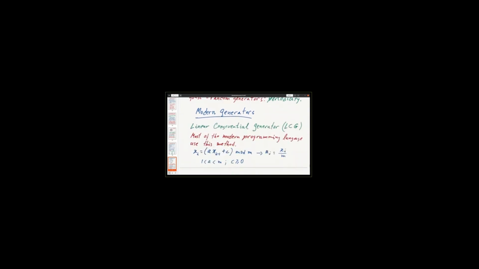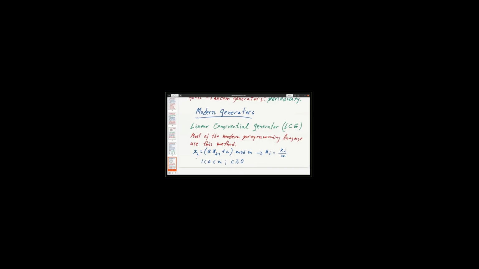Fortunately, there are modern generators like the linear congruential generator, known as LCG, which comes in most of the modern programming languages. So probably when you use the random number generator in your language, it's the LCG method.